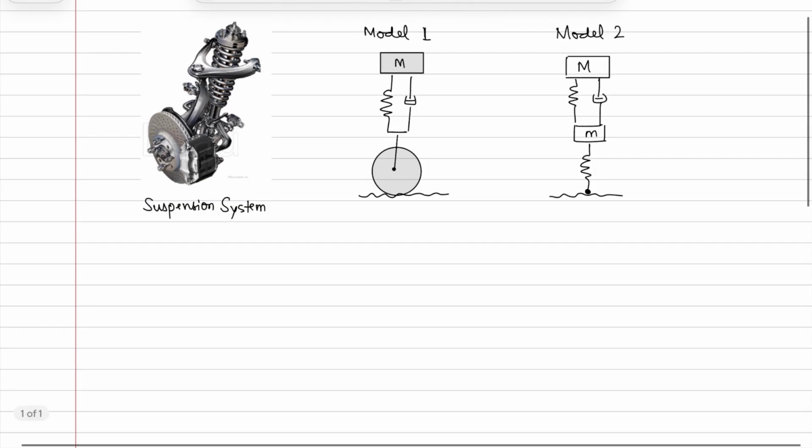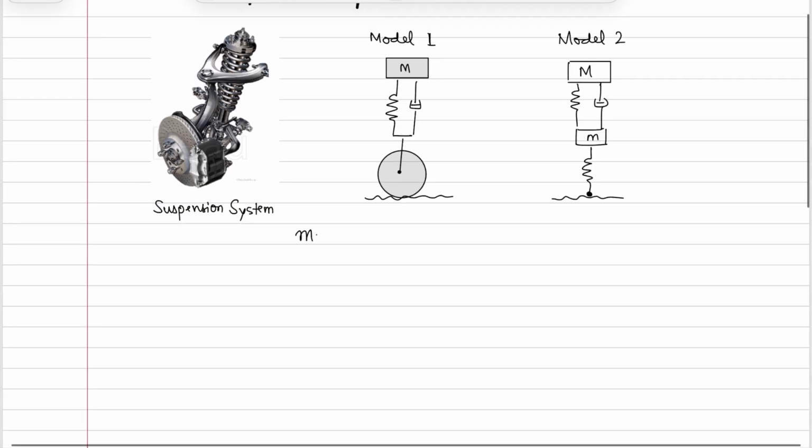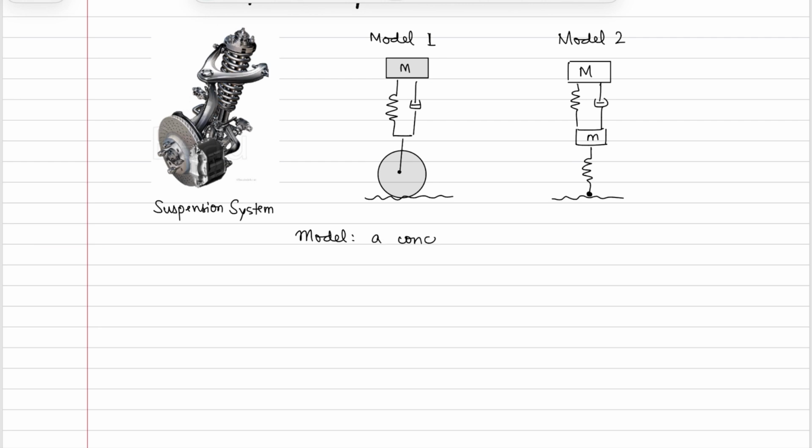Okay, so this is just an example, but a model can be said to be a conceptual representation of a real system.